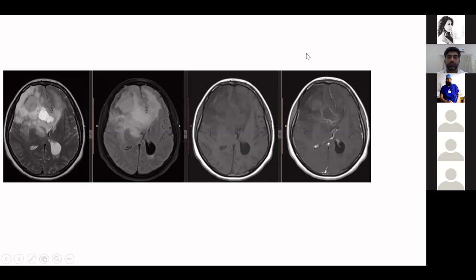On FLAIR, there is pathological vasogenic edema crossing through the midline. There is associated subfalcine herniation, a lot of mass effect on the adjacent ipsilateral lateral ventricle, and the frontal horn of the contralateral lateral ventricle is also showing compression. There is some subependymal seepage along the occipital horn of the left lateral ventricle.